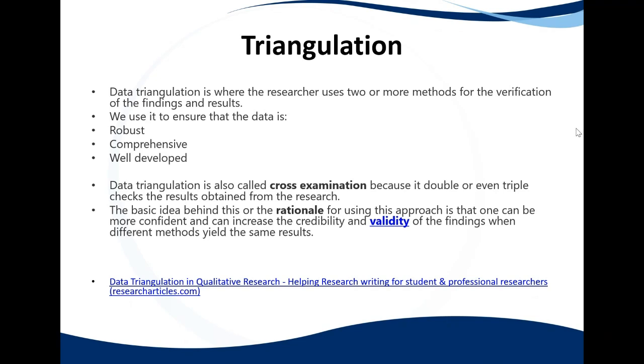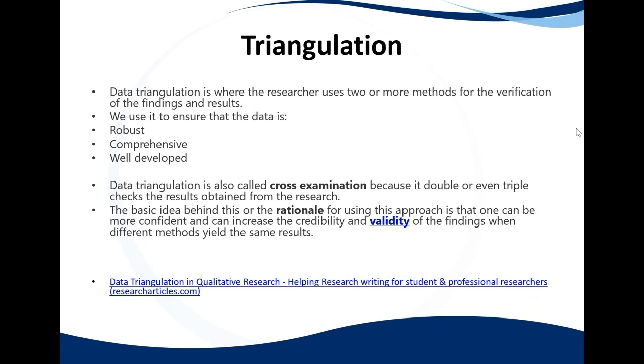And you use it to ensure that the data is robust, to make sure that your data is comprehensive, and to make sure that your data is well developed. It's great and useful, but as you will see, it's also time consuming as well.